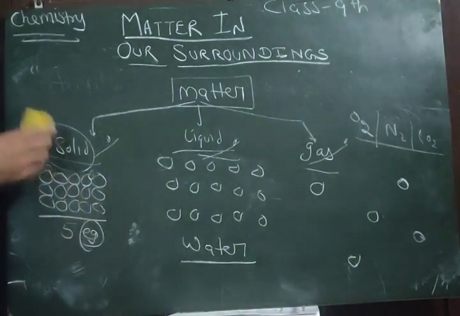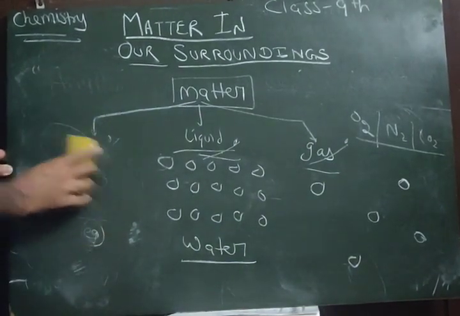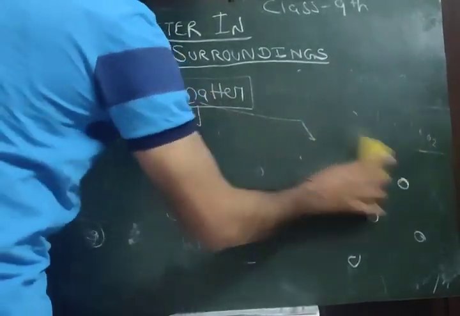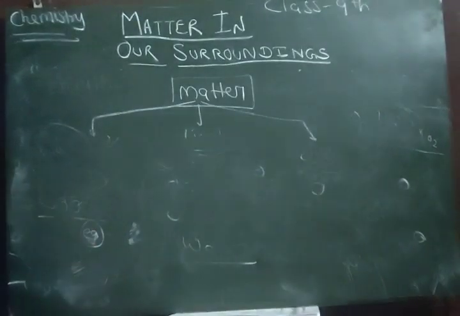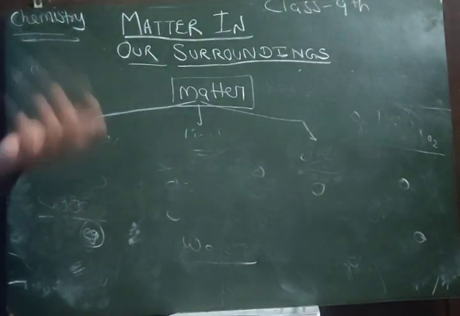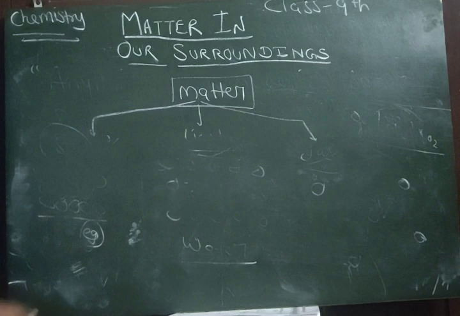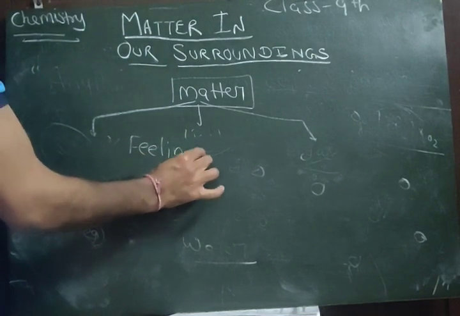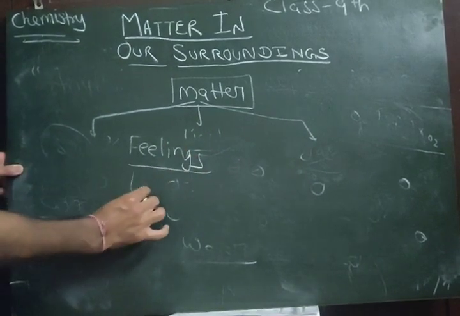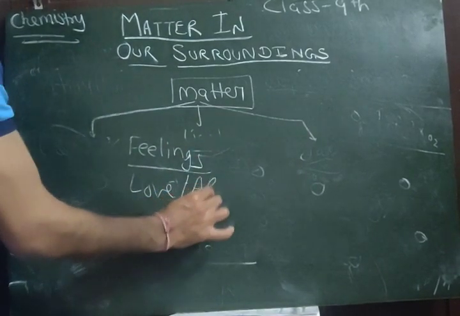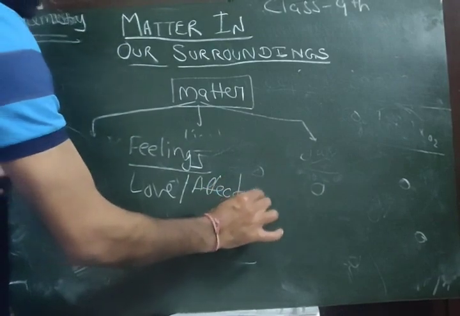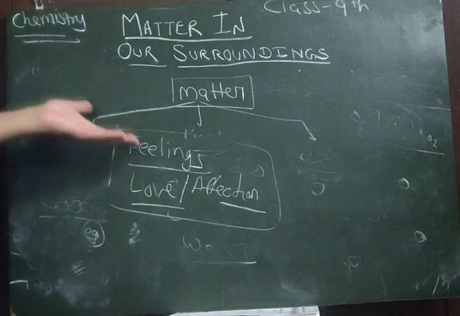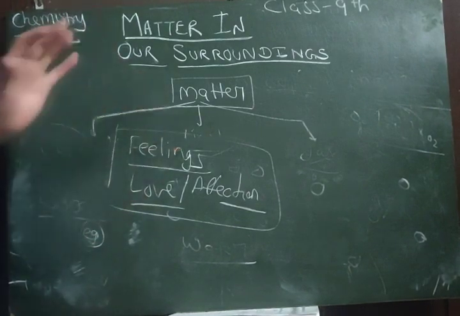There are some things which are not part of matter, like feelings and expressions, such as love and affection. These do not occupy any space and do not have mass.